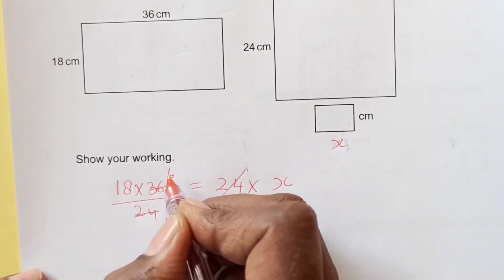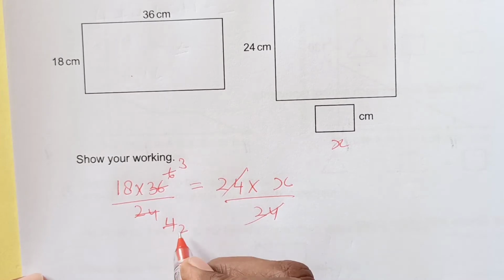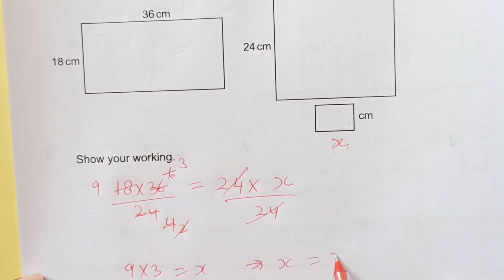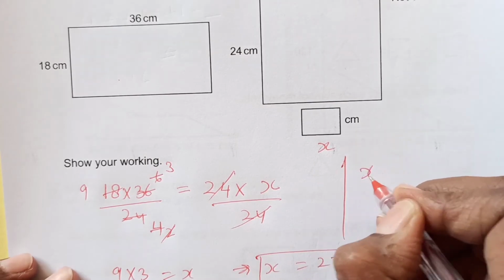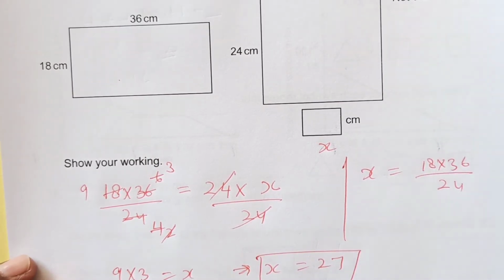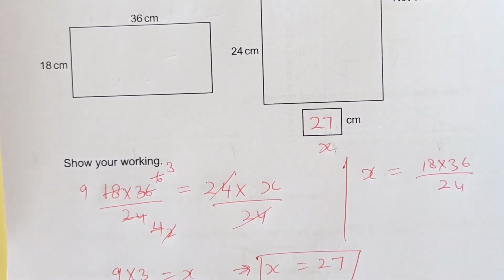Then again by 2, 2 times 3, 2 times 2. And here you can do 2 times 9. So 9 times 3 is equal to x. So x is 27. Or if you are using a calculator, you can directly do 18 times 36 divided by 24. You will get the same answer. Okay, so this is 27.